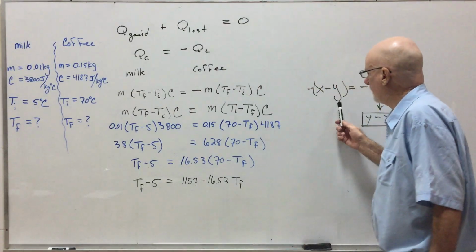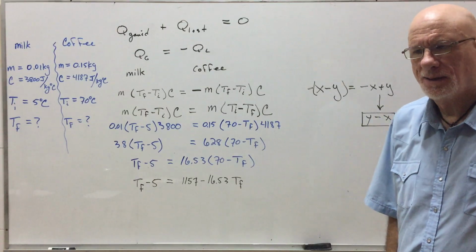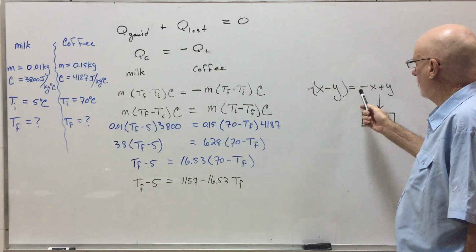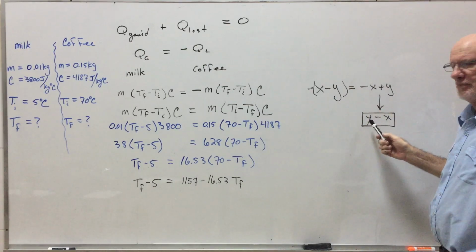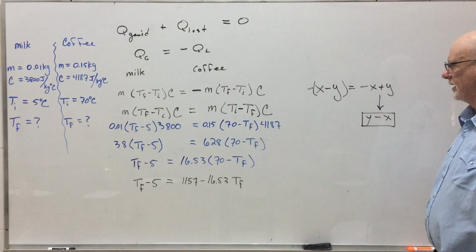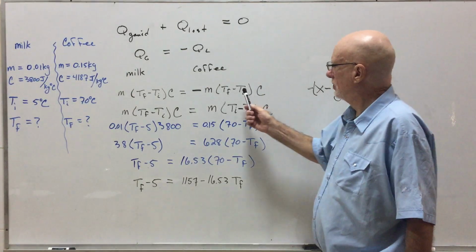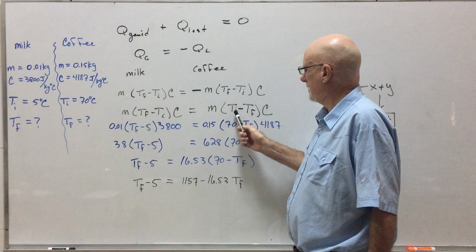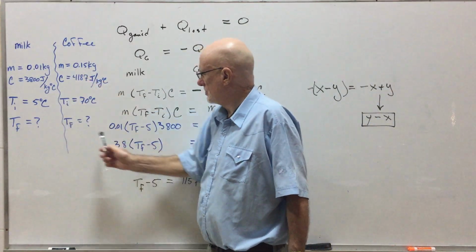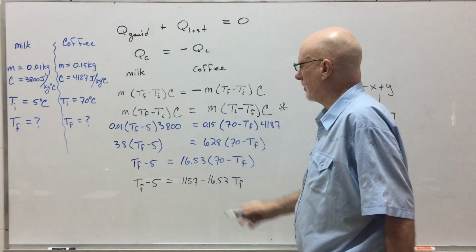Now if you look over here, remember from your basic algebra, if I have a quantity x minus y, and I take the additive inverse of x minus y, that's going to equal negative x plus y, or simply y minus x. Simple stuff. Okay. So, I'm going to reverse this, and I get Ti minus Tf. So now, here are all my values. Here's my final equation here, and I'm going to plug in.